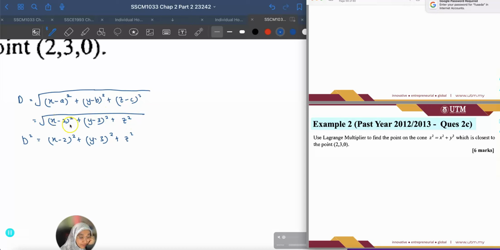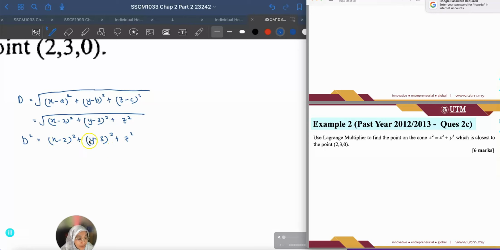Okay. However, because we don't want to get messy on differentiation later, because you have to find the partial derivative of the D, we don't want to have the square root, otherwise your partial derivative becomes more complicated. So therefore we bring the square root to the other side, then your function is simpler.